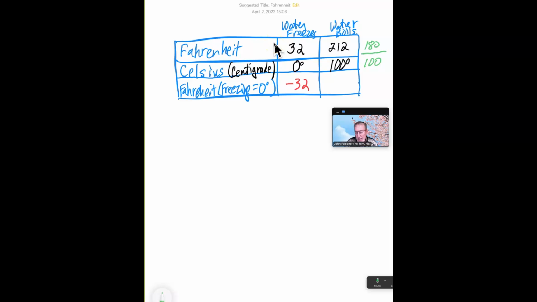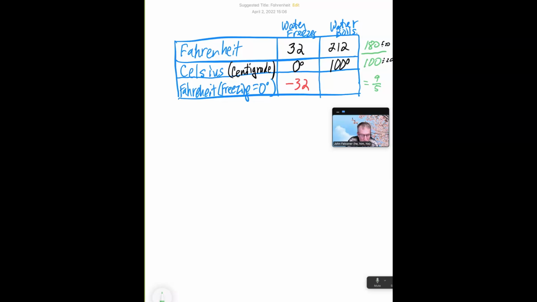If we take the ratio of those two, these are both divisible by 10, but they're also both divisible by 20. So if we divide the numerator and denominator by 20, we end up with 9/5. 9/5 will be a really important ratio for doing the conversion.